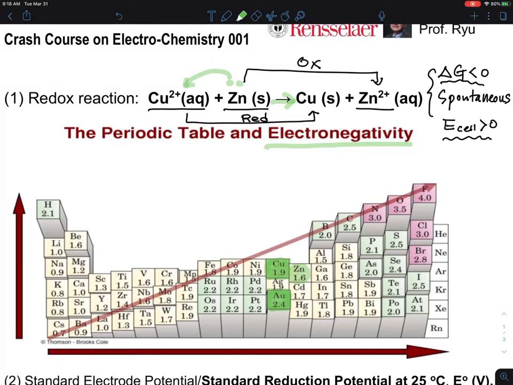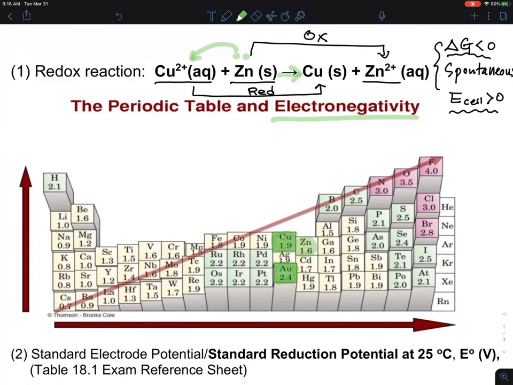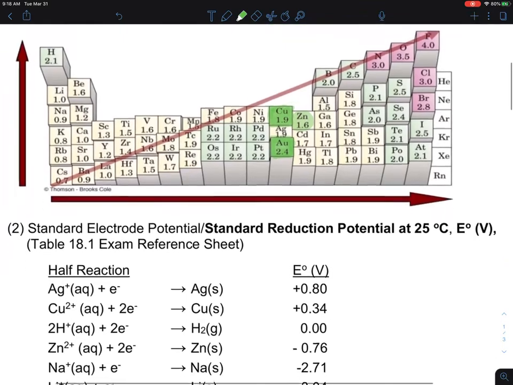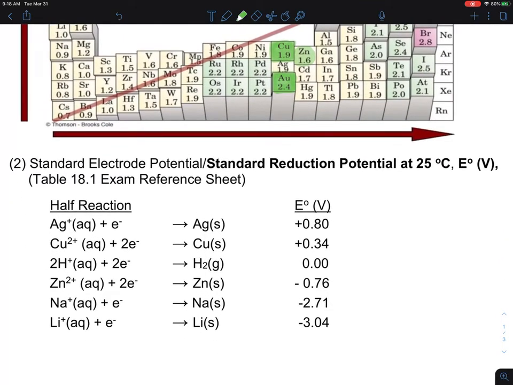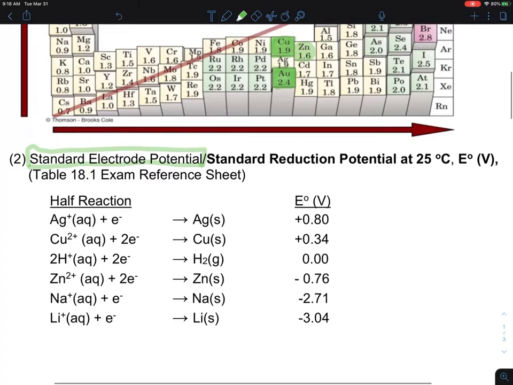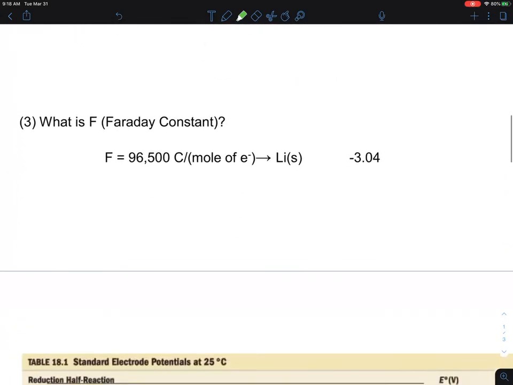However, we need something better, because sometimes there are more complicated electrochemistry reactions involving the transfer of electrons. So what the electrochemistry community decided to do is develop what is called the standard electrode potential. This name is actually a little bit ambiguous, but that's the way it's been used.